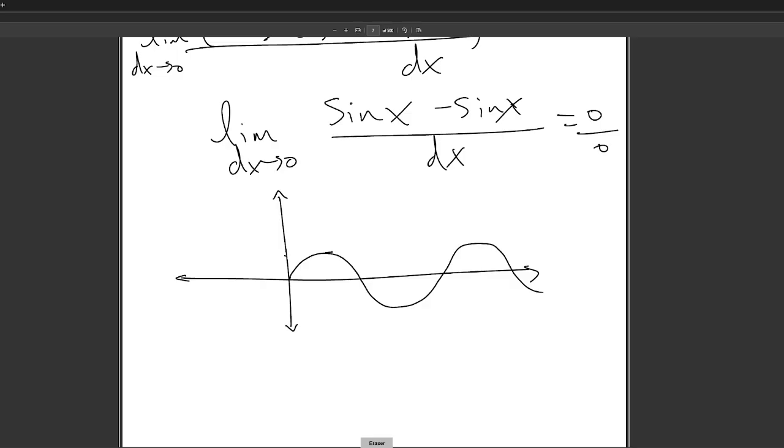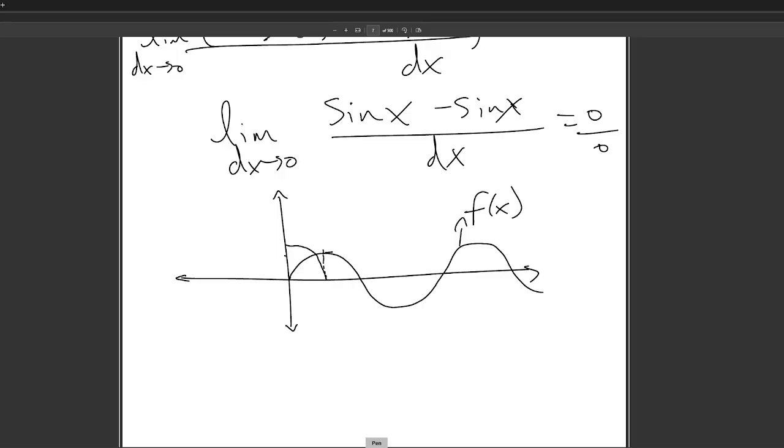So if this is f of x, then f prime of x is just the slope at every point. At 0, it has a high slope. The slope keeps getting lower, so I'm bringing the slope down, and it hits 0 at exactly this point. Then the slope gets increasingly negative, more and more negative, and then it gets less negative, closer to zero.